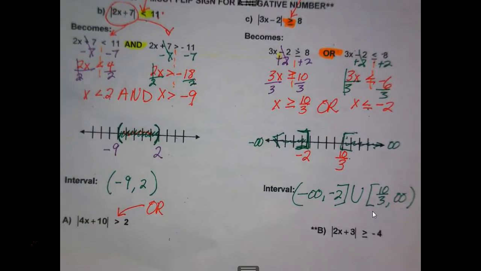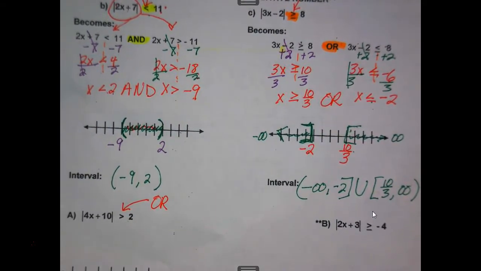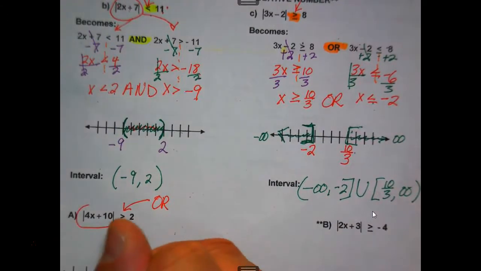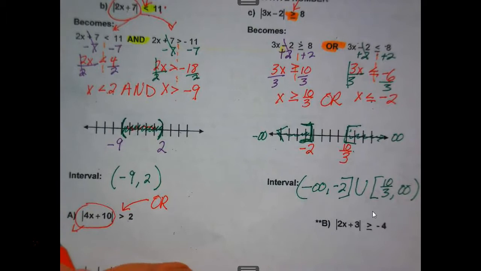Okay, so this is an OR problem. I'm expecting them to go opposite ways. Since this is all by itself, I'm going to put my negative 2 over here. So I got 4x plus 10 to the opposite of what's there, so negative 2, and I have to flip the sign.